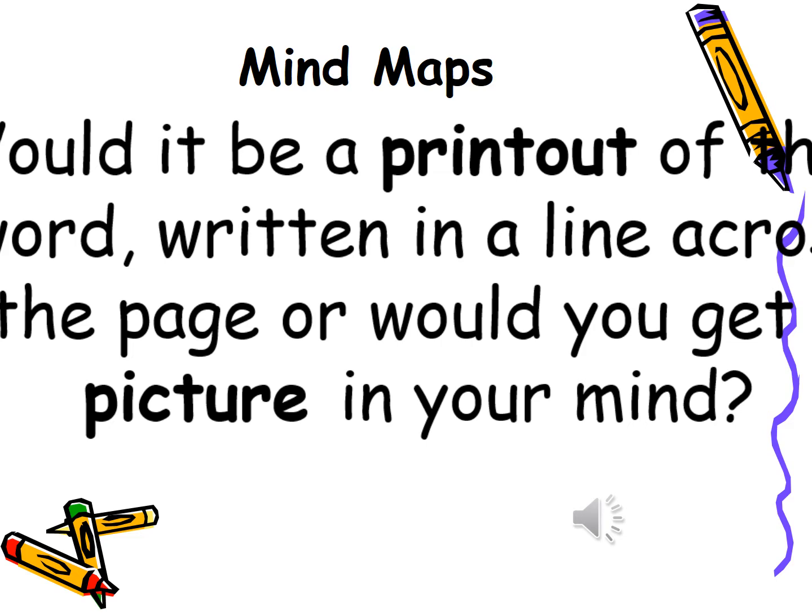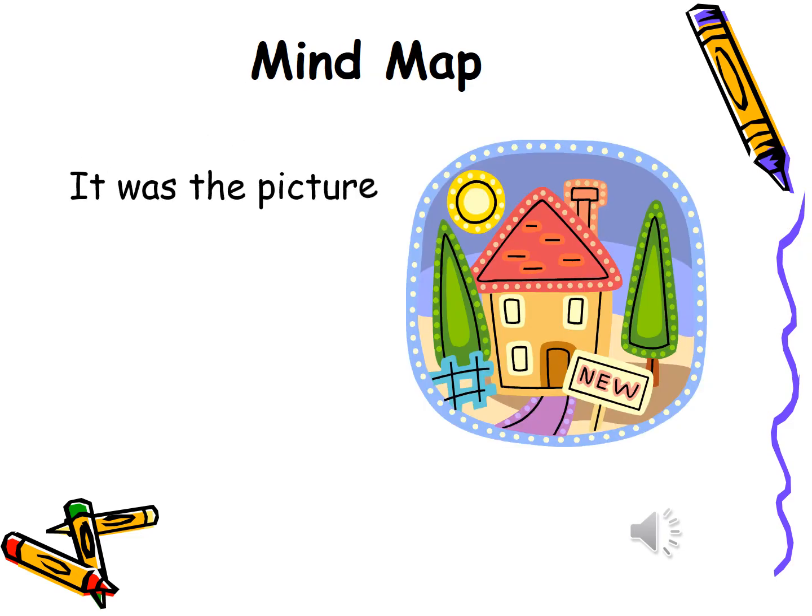Or do you get a picture in your mind? Maybe a picture of your own house. It would have been the picture of a house. Maybe your house, your grandparents' house, a house that you spend a lot of time in. But it would have been a picture and not the word.